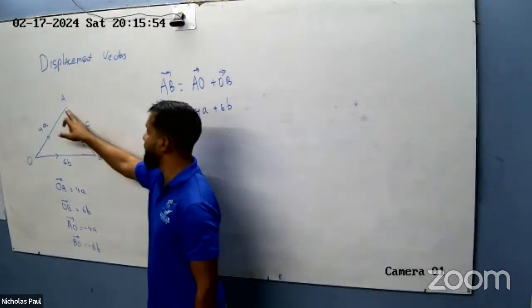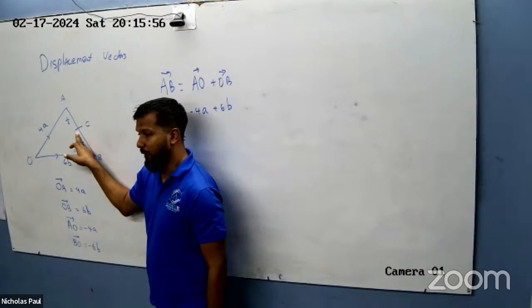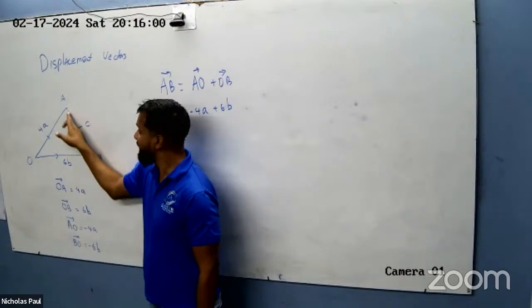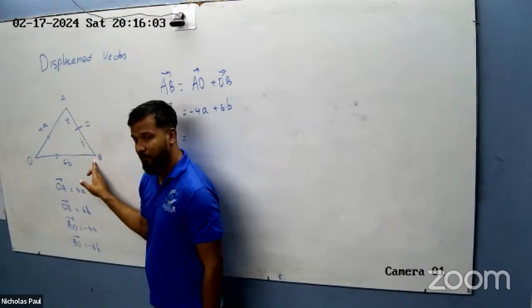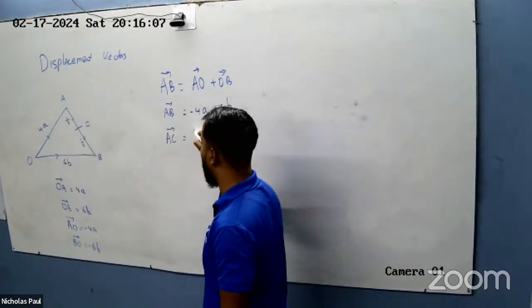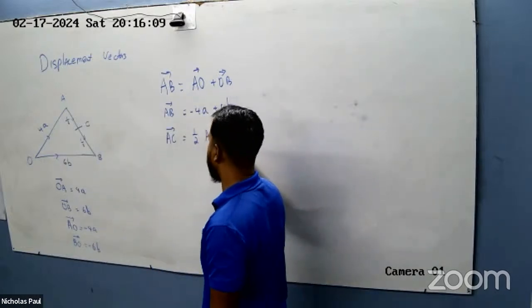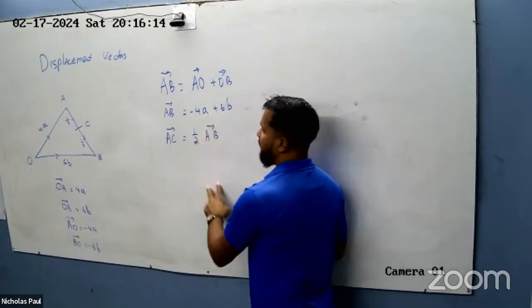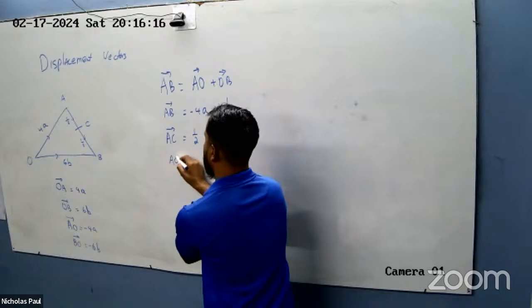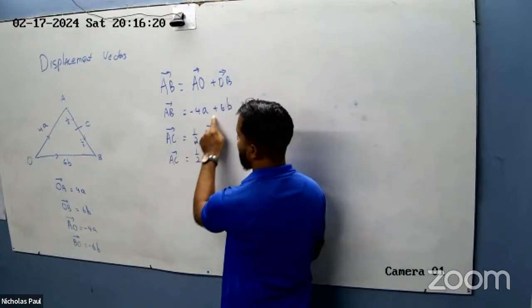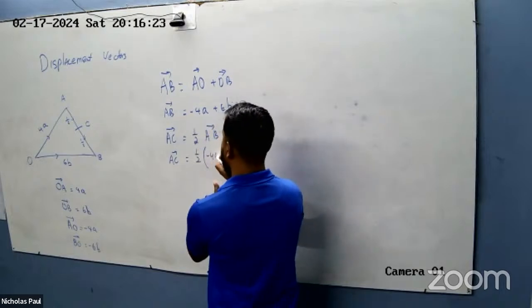A to C is half of the whole line, all right? So therefore, AC is half of the whole line AB. We know what AB is, so I put in half of minus 4A plus 6B.